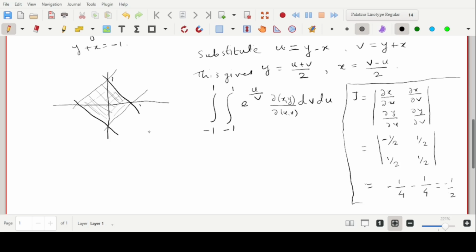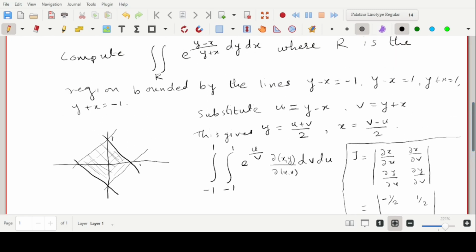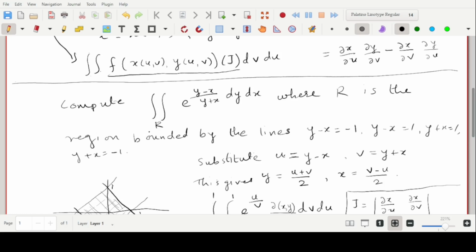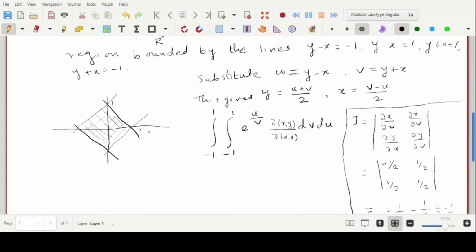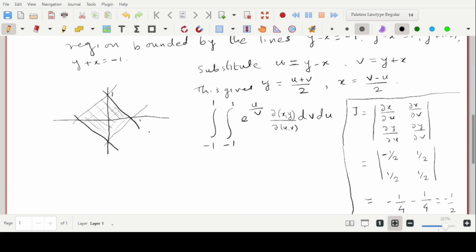Earlier I did not use it, I just wrote J for Jacobian here, but technically we use this symbol for Jacobian for two variables.